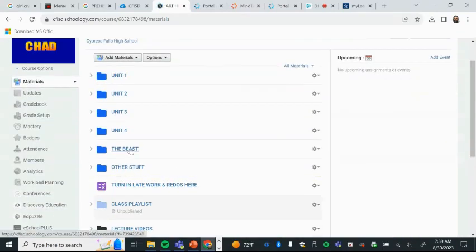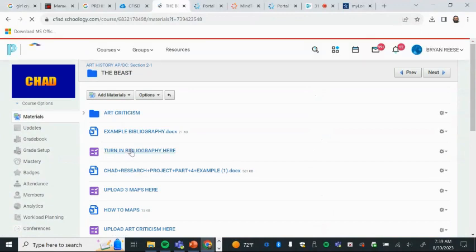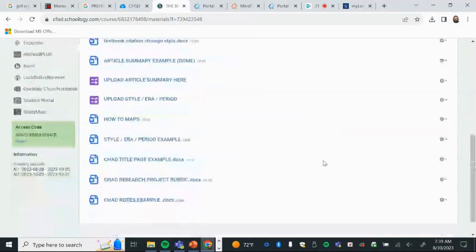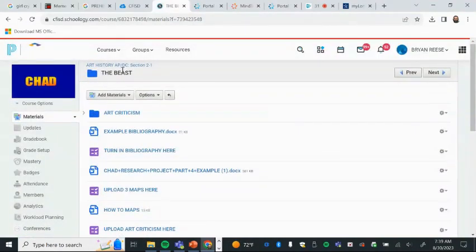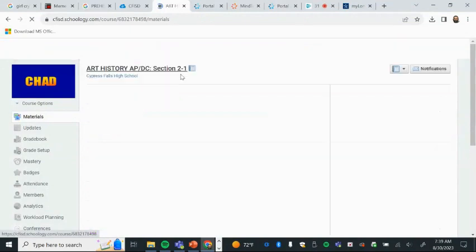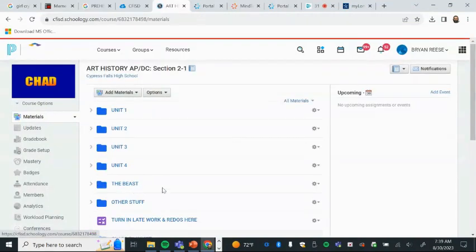And then here's instructions for the beast as we begin working on the beast. I'll be giving instructions for that. They're all in there. And turning in late work here is for your high school grade. All right, I'll accept late work for high school grade. For your college grade, they have told me not to allow you guys to turn in late work.